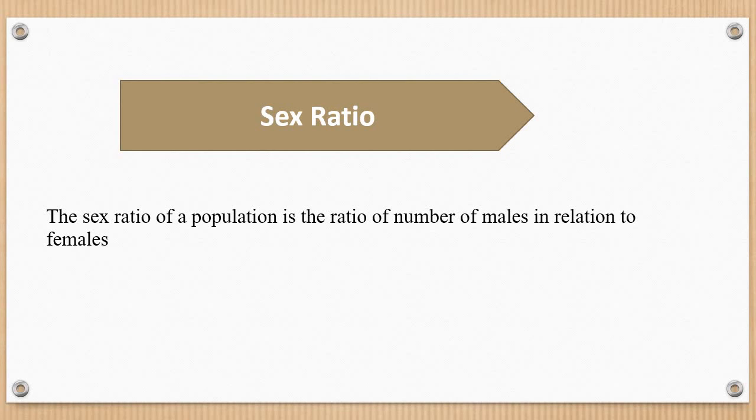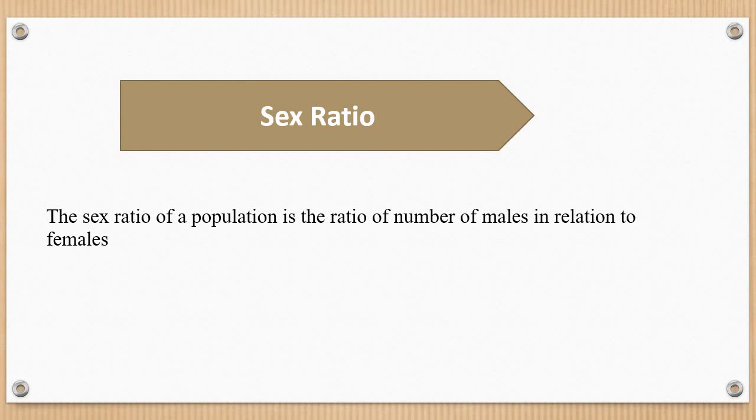Nowadays this situation has changed, right? But if you go back 10 to 15 years, the birth of the girl child was quite restricted. People used to abort them, and because of this the number of baby girls declined as compared to the number of baby boys, right?